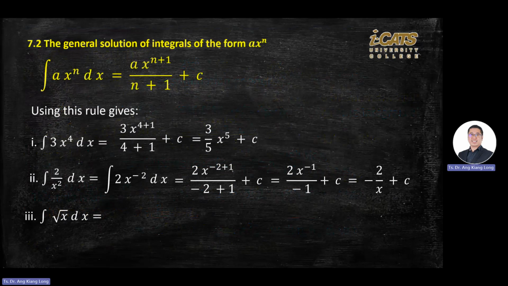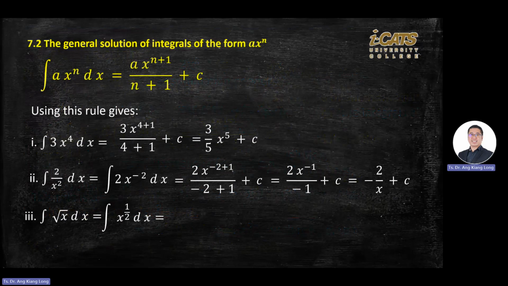Same with this one. Integrate the square root of x. You need to convert any square root symbol into power 1/2. The rest will be the same by applying the yellow formula. You put it side by side, so you should know what your a, x, and n are, and then substitute inside the general formula.